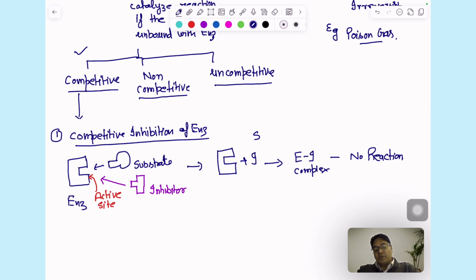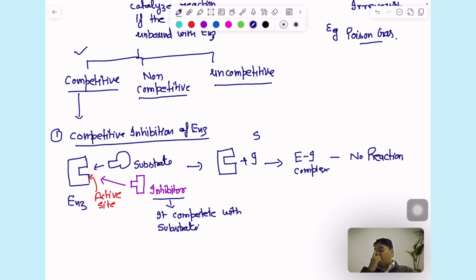We call this type of inhibition competitive because the inhibitor is competing with the substrate for the active site of the enzyme. So this inhibitor has structural similarity with the substrate. It is not 100% similar, but quite similar to the substrate.